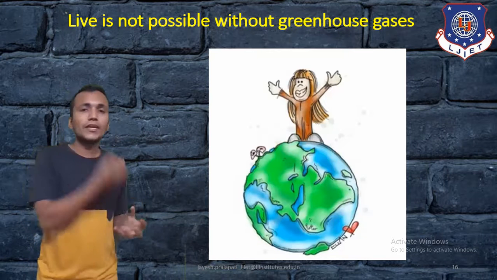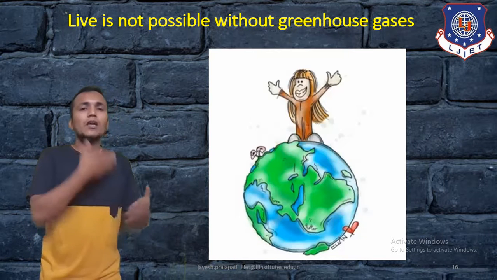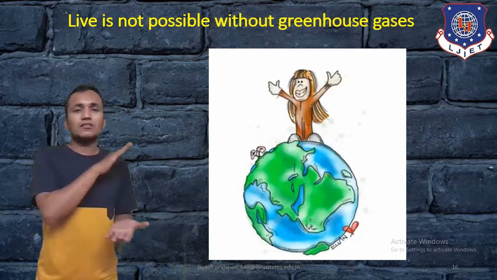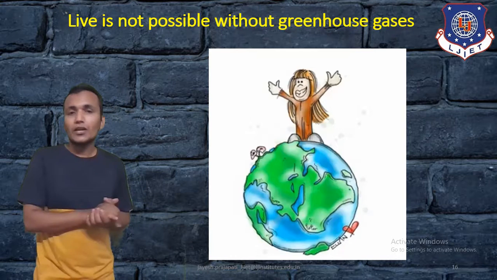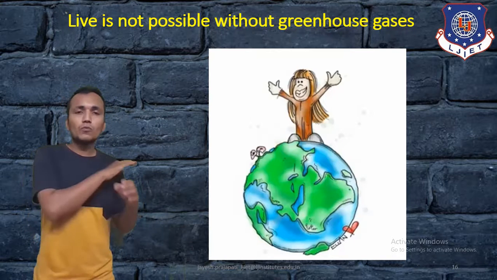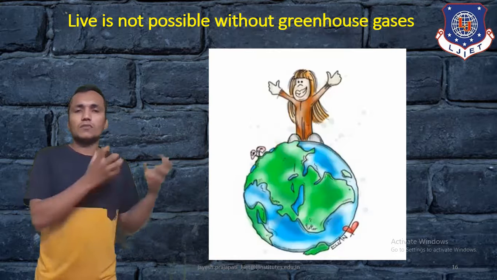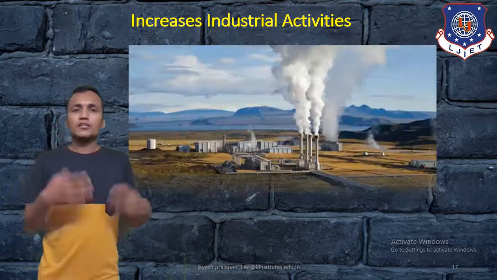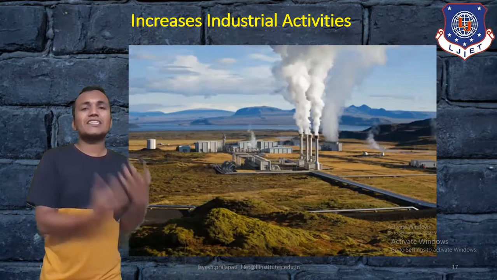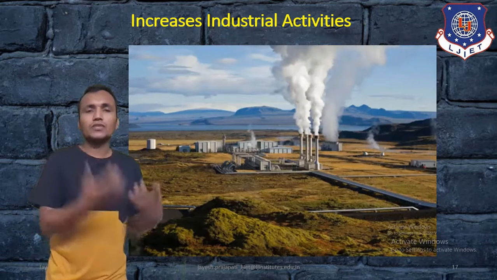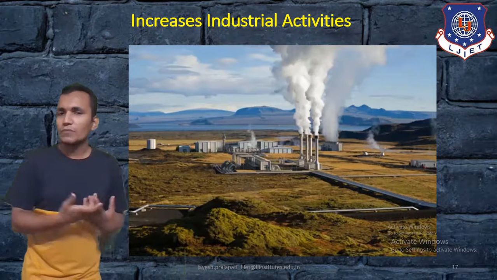So we have to maintain these greenhouse gases by planting more trees and limiting industrial activities. That's why we have to maintain our greenhouse gases. Then industry, we know that an increase in industrial activities makes our earth very hot.